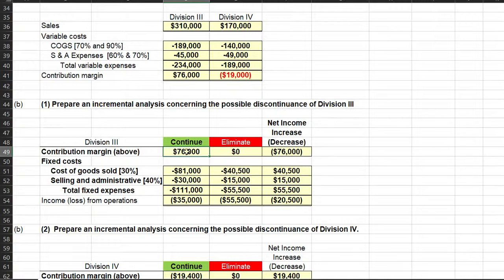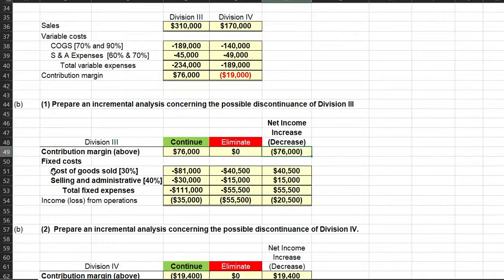The contribution margin, revenue minus variable cost for Division 3 is $76,000 as we computed earlier. And if we were to eliminate Division 3, then that contribution margin would disappear. So that would have a negative impact on net income for the corporation.